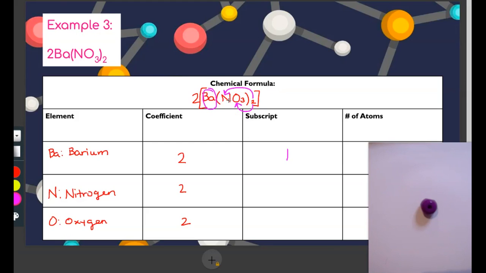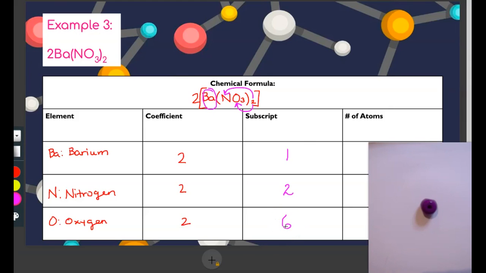That means that the subscript for our nitrogen is actually 2 times 1, which is 2. We'll do the same thing for our oxygen, which we can see here is O3 with the 2 outside the parentheses. So we'll distribute that 2 in, which tells us to multiply 3 times 2 to get 6.